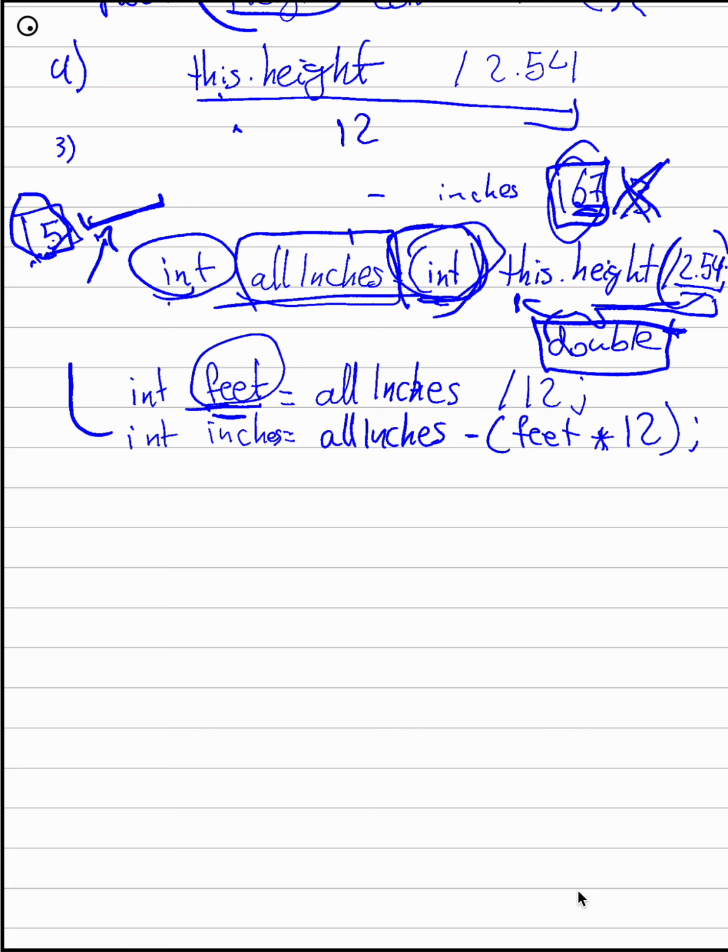Let's say you are 100 centimeters. Okay? 100 centimeters divided by 2.54. Maybe less than 50.